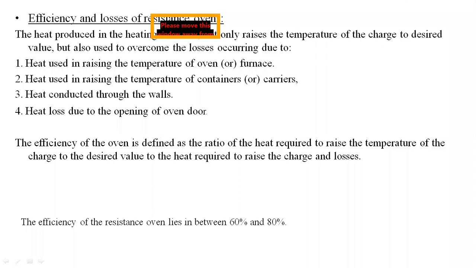The heat produced in the process of heating is only raising the temperature. We are not only to consider the rise in temperature of the charge, but we also have to look at the losses that occur and how much efficiency is obtained.